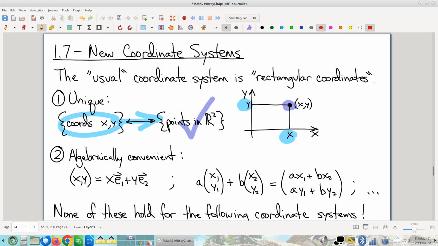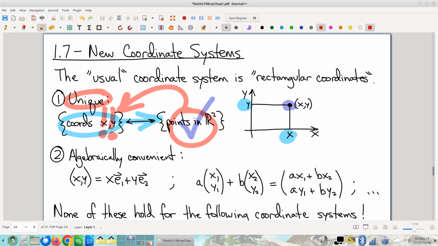In other words, coordinates are unique. Given any point, there is a unique x-coordinate and a unique y-coordinate. You can't have multiple xy coordinates for the exact same point in the plane. Well, of course not. Right?